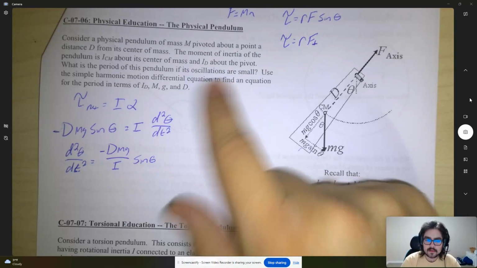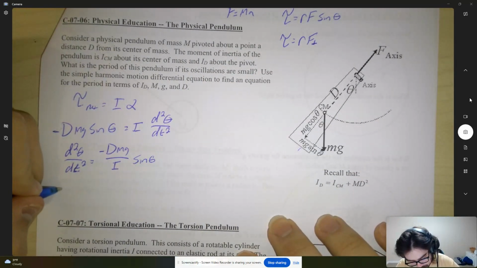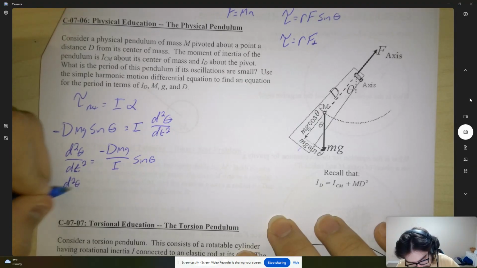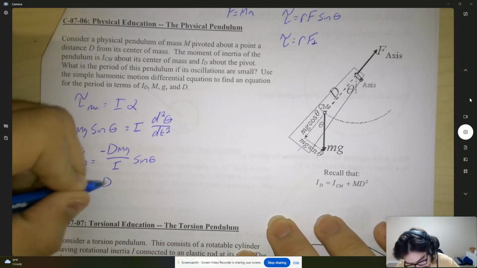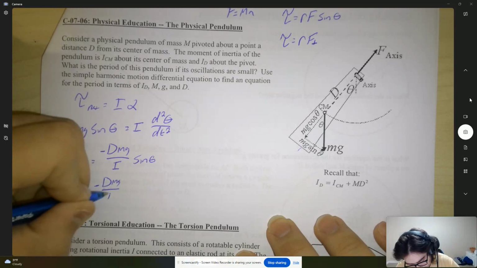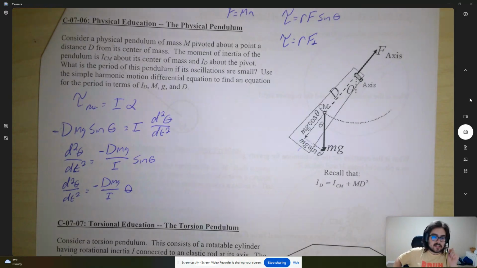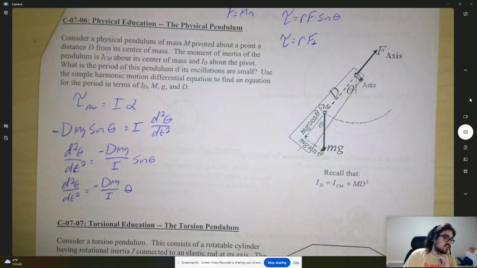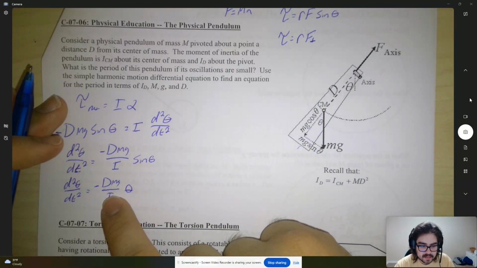Wait, really quickly, oscillations are small, so sine theta should be theta. So this is just d squared theta over dt squared equals negative dmg over I times theta. Now that right there is the simple harmonic motion differential equation. I've said it a bajillion times. I can now figure out what omega is.